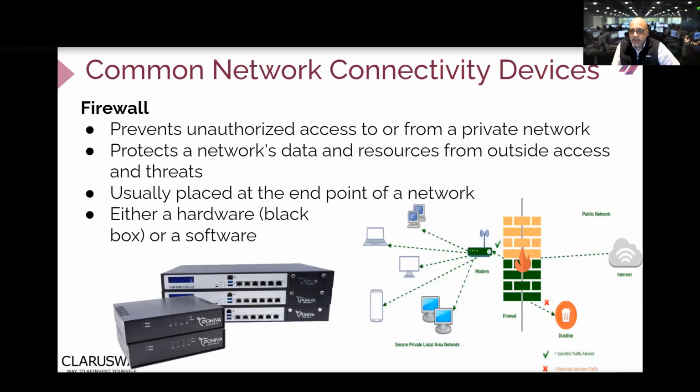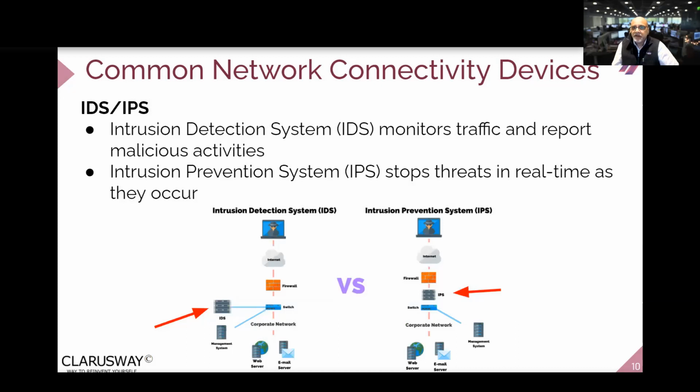So the data inspection, this is called intrusion detection system or intrusion prevention system. IDS and IPS are normally modules that you add onto a firewall. So, you know, the hardware is there.